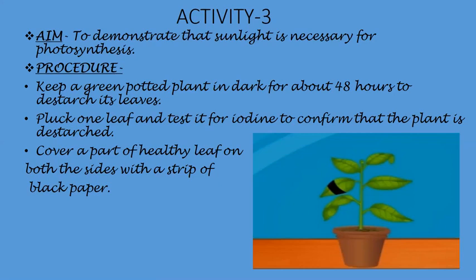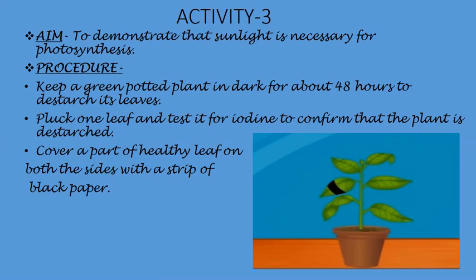A green plant synthesizes food during daytime and the leaves are filled with starch. During night, starch moves from the leaves to various other parts of the plant. Before the next day, the leaves are left starch-free.